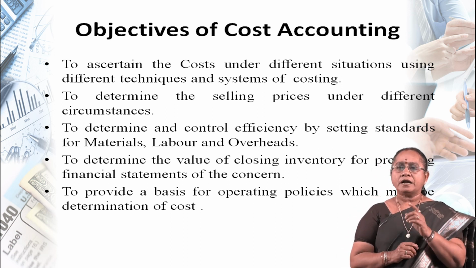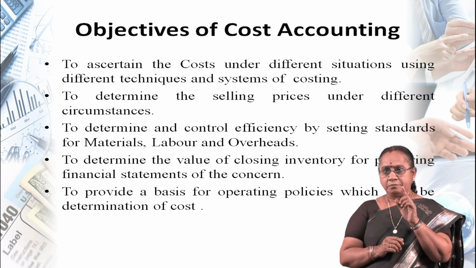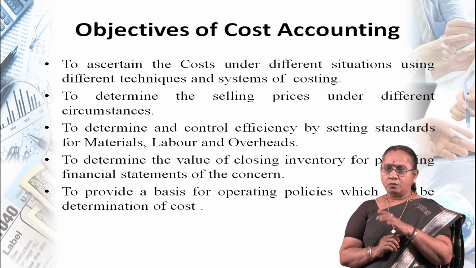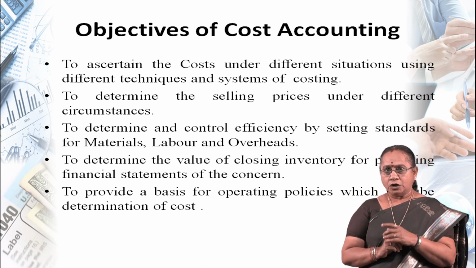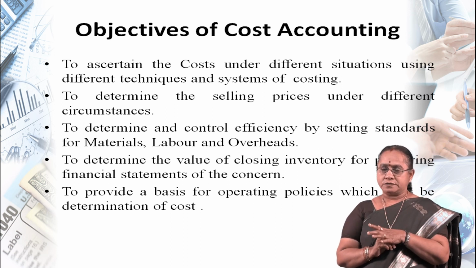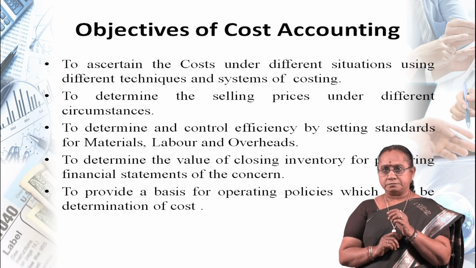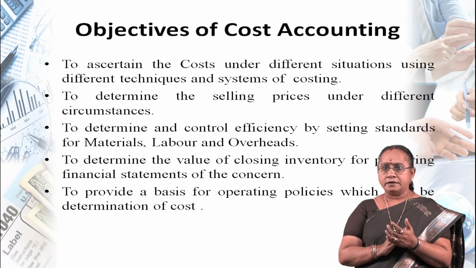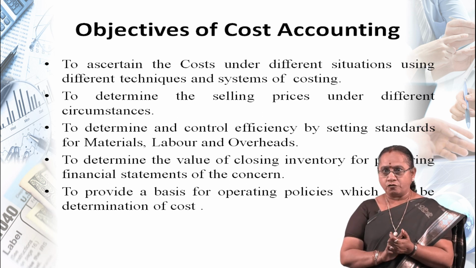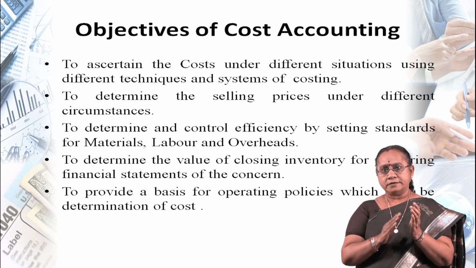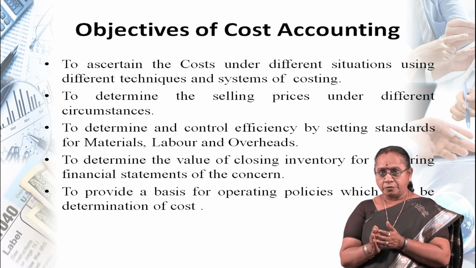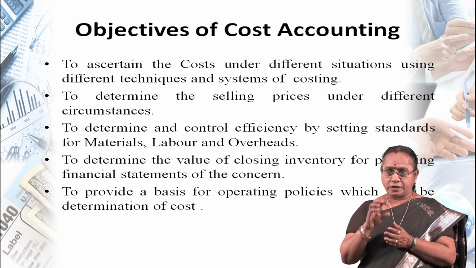to determine and control efficiency by setting standards for materials, labor and overheads. Control means, first of all, setting standards and measuring the actual performance, and then these standards are compared with the actual performance to find the variation.